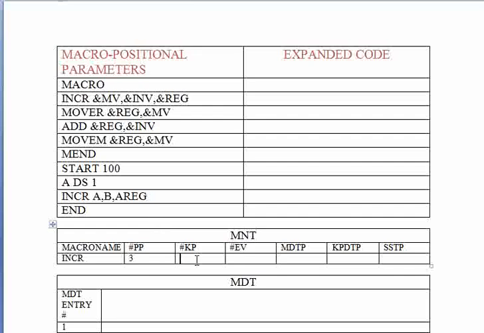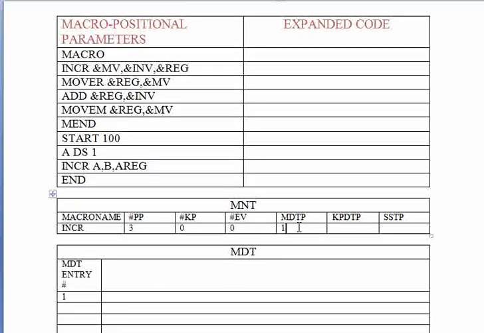There are no keyword parameters, so #kp is equal to 0. There are no expansion time variables, so #ev is equal to 0. The current value of the pointer to MDT is at 1, so if you look here, this value is set at 1. Now KPDTP and SSTP are set to 1, which is later modified to 0 because there are no sequencing symbols and no keyword parameters in this particular example.